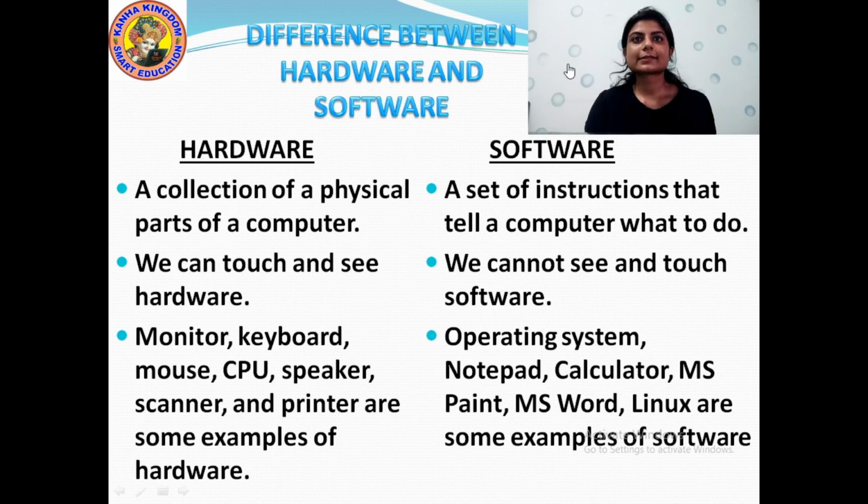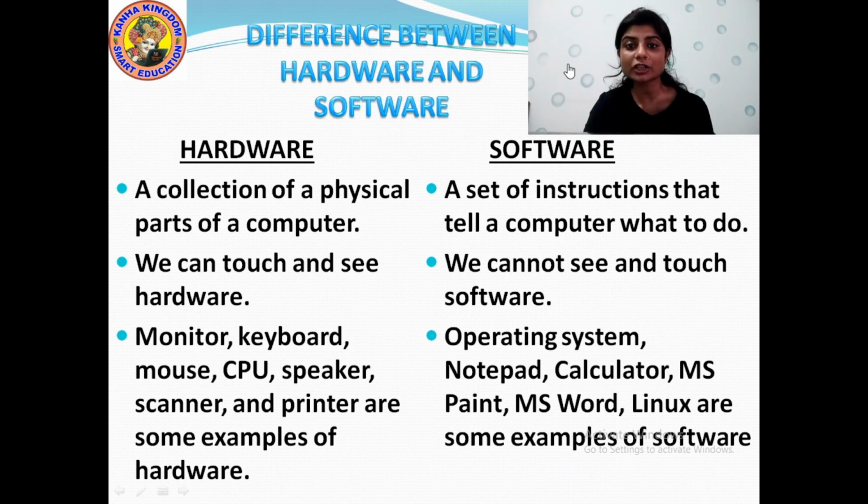And now students, let us study the difference between hardware and software. First see the hardware column. It is a collection of physical parts of a computer. Physical part means the part that you can see and you can touch. It is the appearance which you can see. And software is a set of instructions that tells a computer what to do.